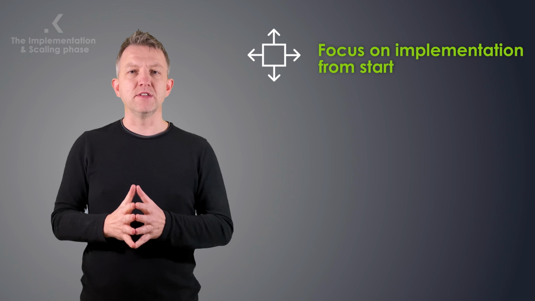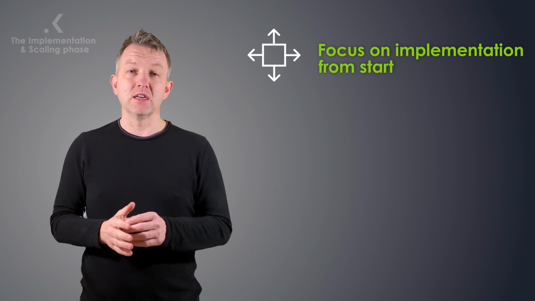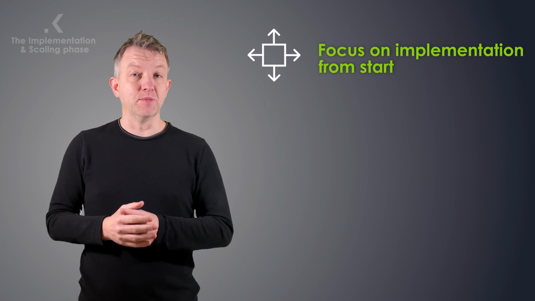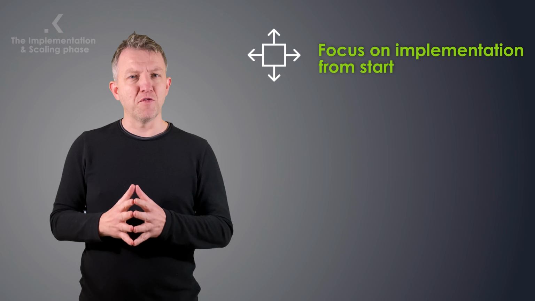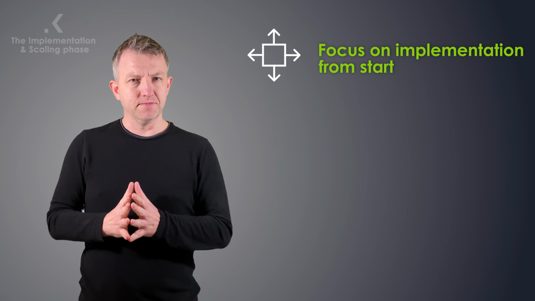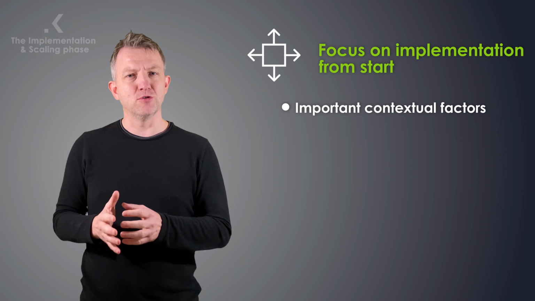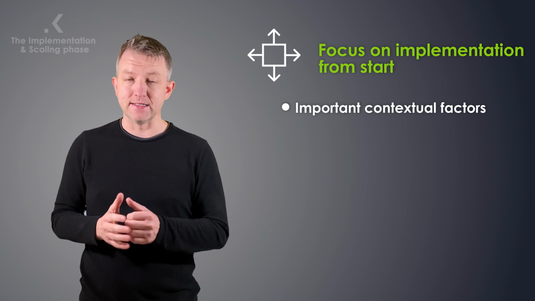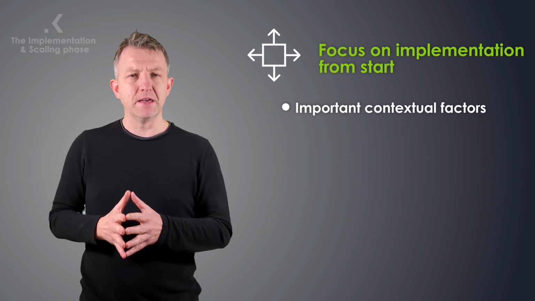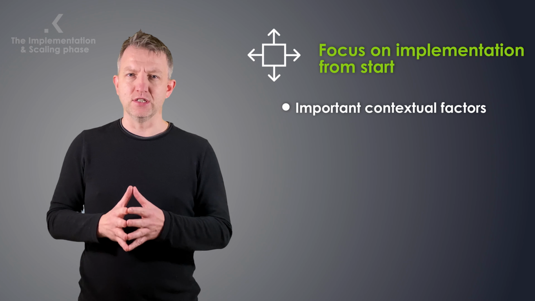Although implementation is in focus in this last phase, to succeed, you need to focus on implementation in all the phases of the innovation process. This can obviously be done in many ways, but choose to focus on the following 2 things. Firstly, you should address factors relevant to the context where your solution is to be used. For instance, in the insight phase, you can explore the availability of resources and relevant environmental, cultural, and ethical considerations.